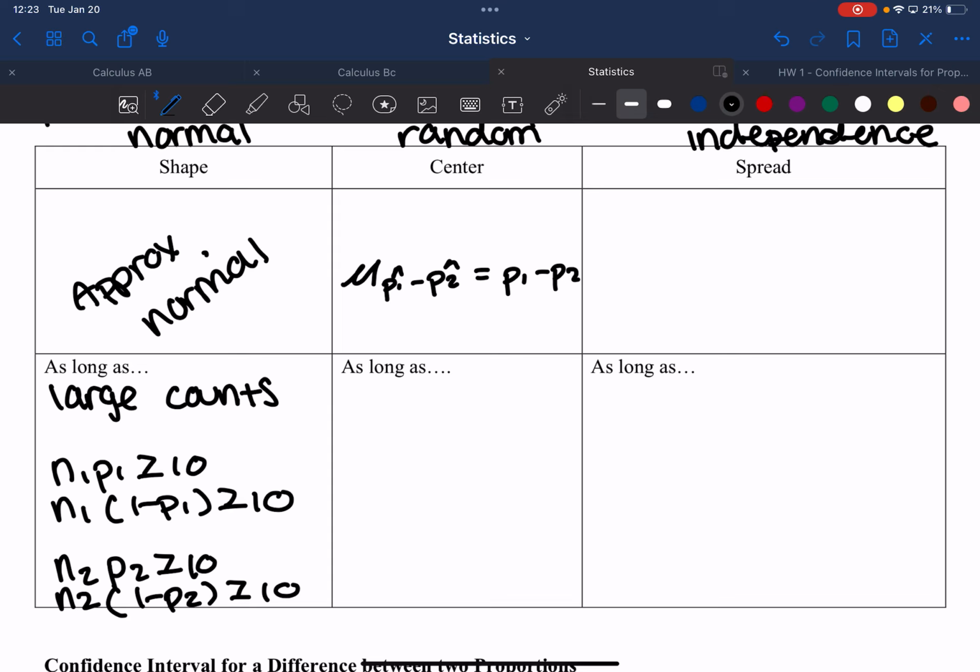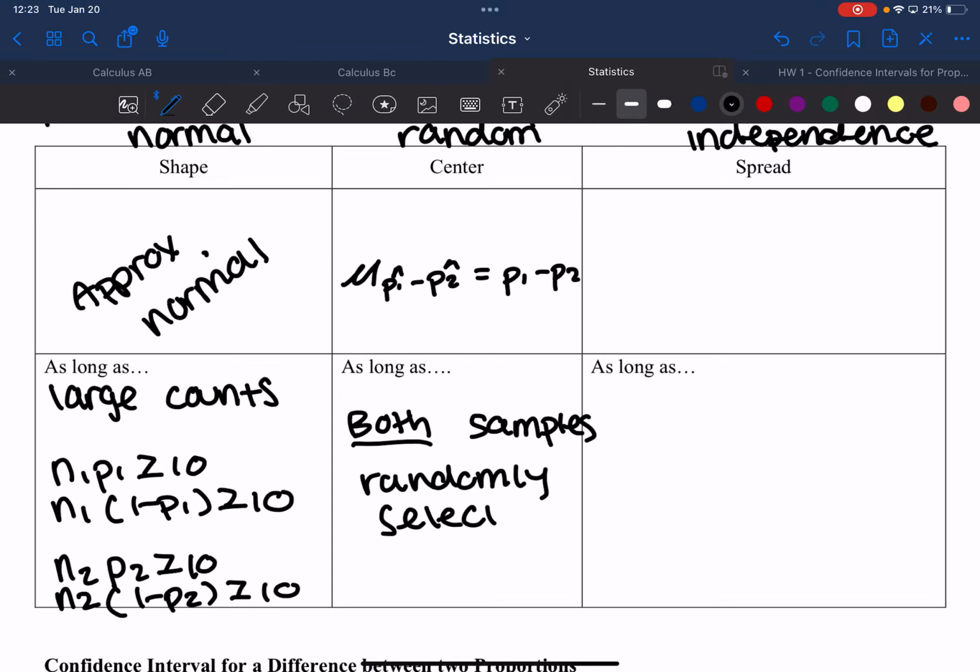So when we're proving random for our conditions, we're checking what? Yes, if we're making sure that our samples are randomly selected. So both, that would be the only difference here. Both samples randomly selected, or we could say randomly what? Assigned if it was an experiment.